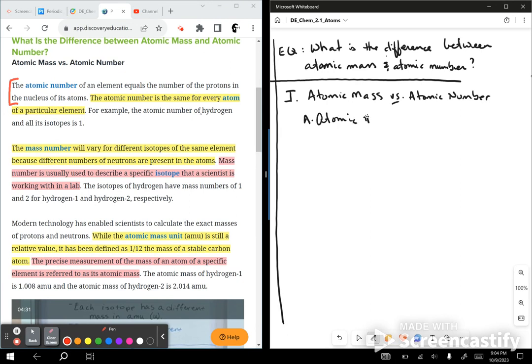Atomic number equals the number of protons in the nucleus of an atom.